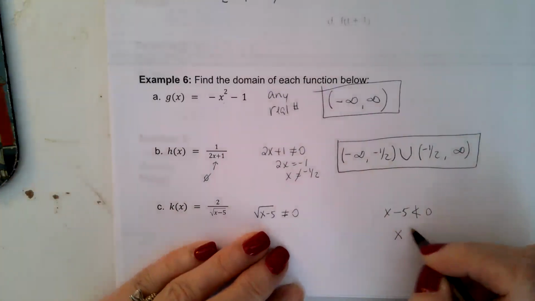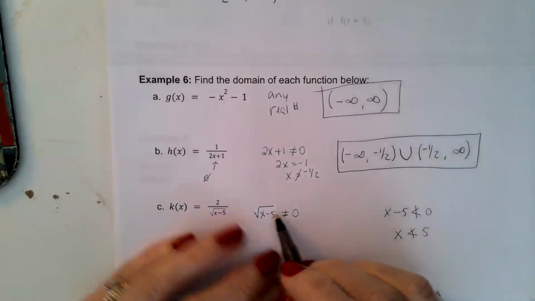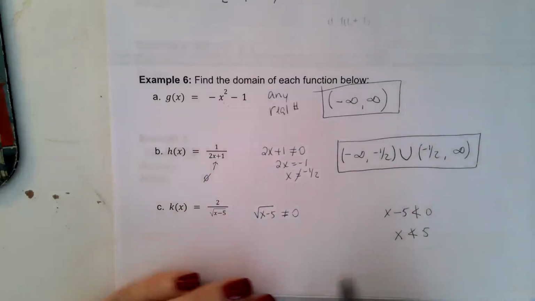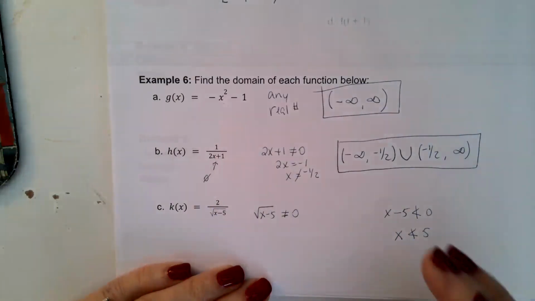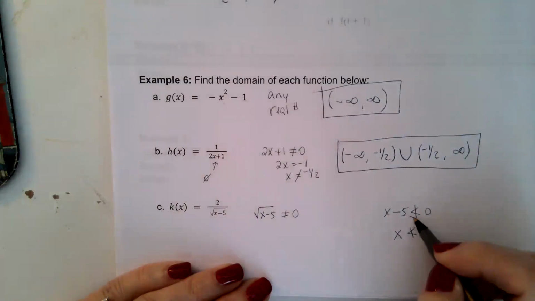So if we add 5 to both sides, we can't have anything less than 5. And we can't let it equal 0. So basically our restrictions are less than 5. So it's got to be bigger than 5. It can't even be equal to 5.